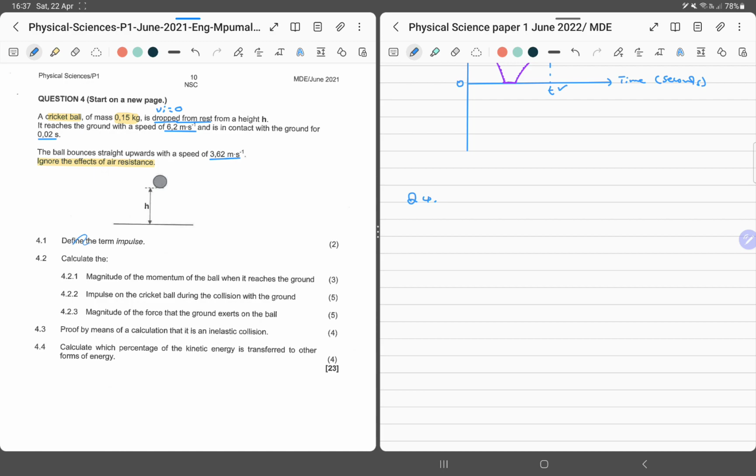So the question says define the term impulse. So you see, these are topics you make sure you don't play around. When you get a question on a definition, you get it right, please. An impulse is basically defined as the product, because you look at what are the units of impulse? Newton times second, isn't it?